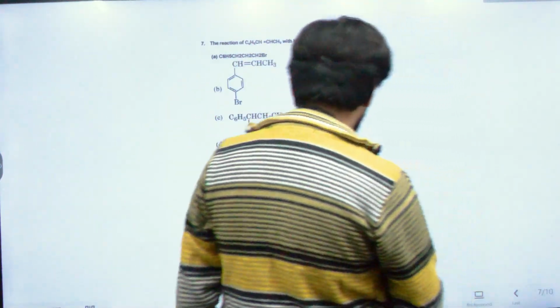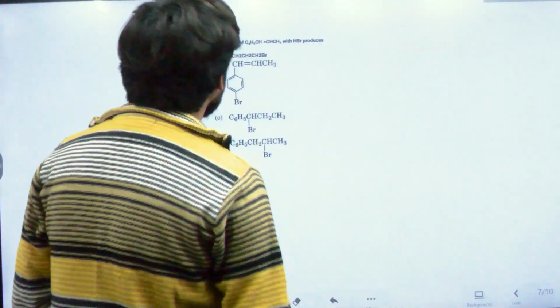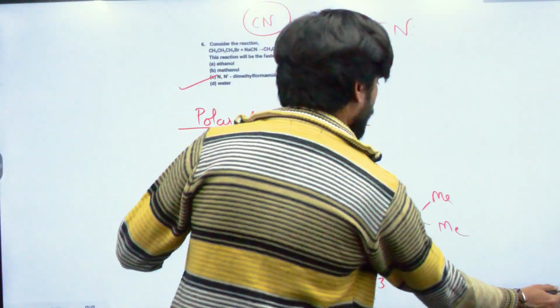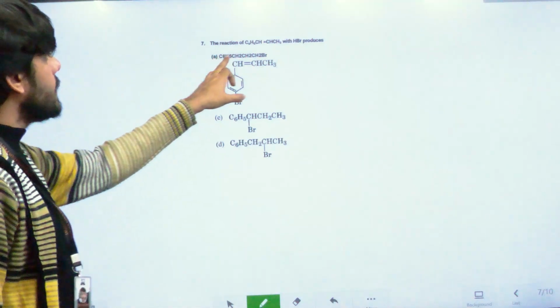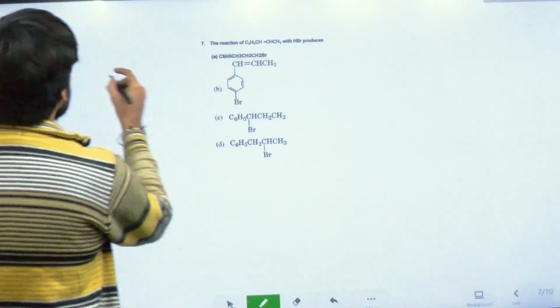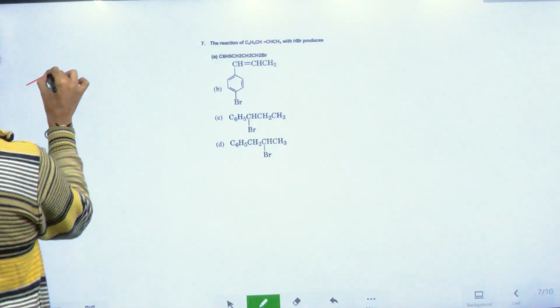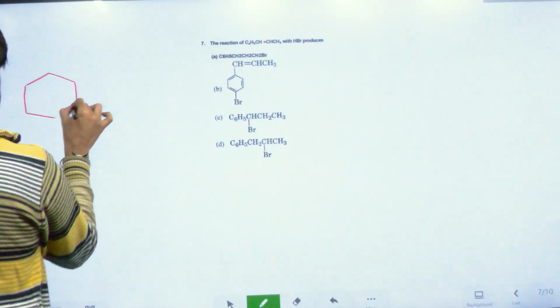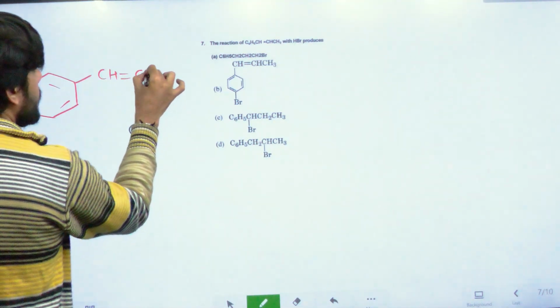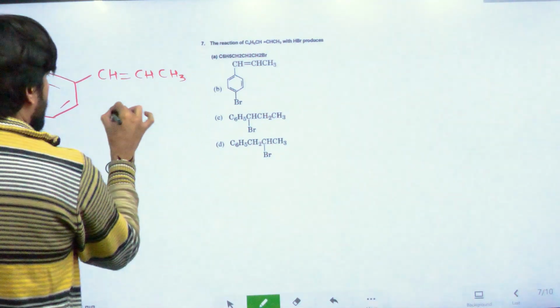So the next question is the reaction with HBr. Again, the reaction of an alkene with HBr, let us see. So we have this. C6H5 is this phenyl ring, and what I have is CH=CH-CH3 plus HBr.